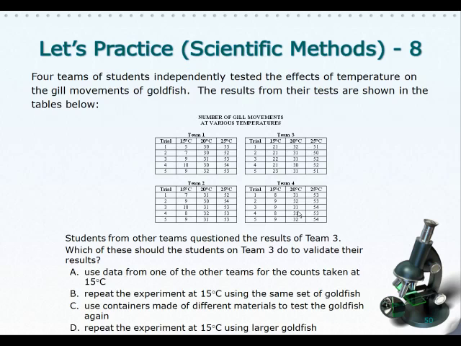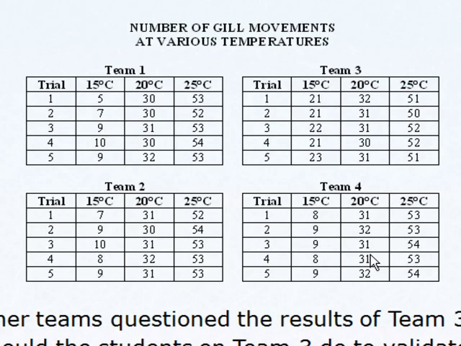Let's practice. Again, 4 teams of students independently tested the effects of temperature on the gill movement of goldfish. The results from their tests are shown in the table below. Students from other teams questioned the results of Team 3. Which of these should the students on Team 3 do to validate their results?